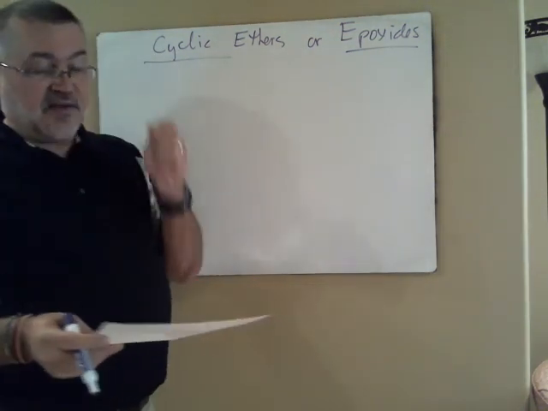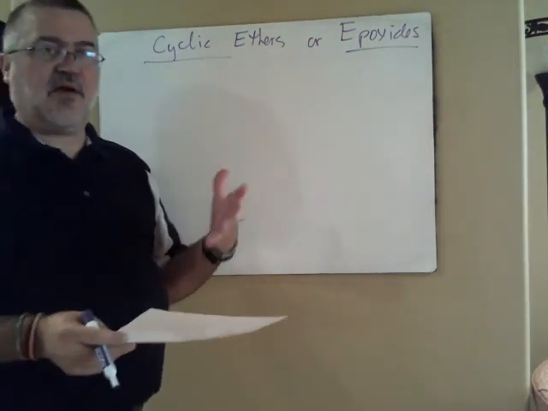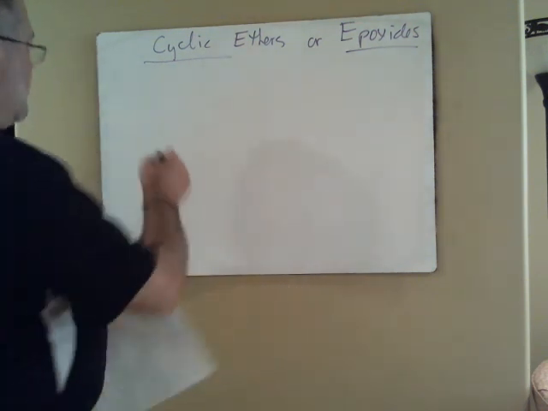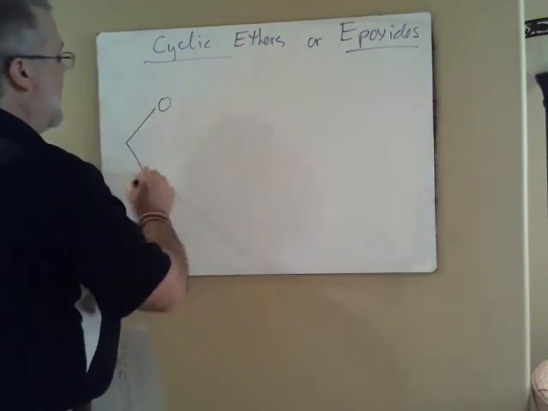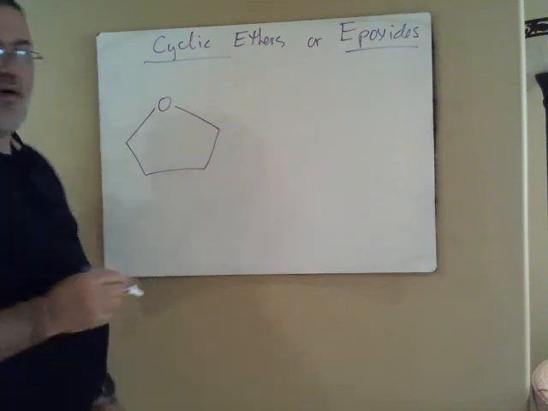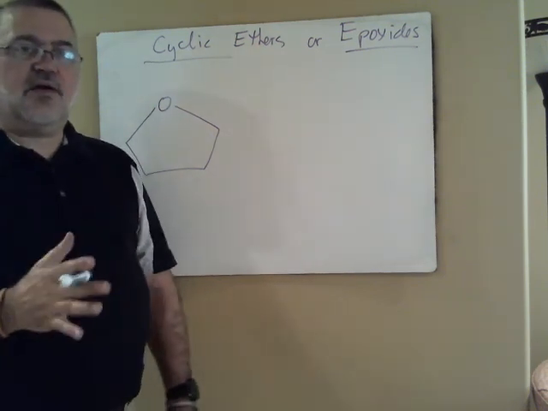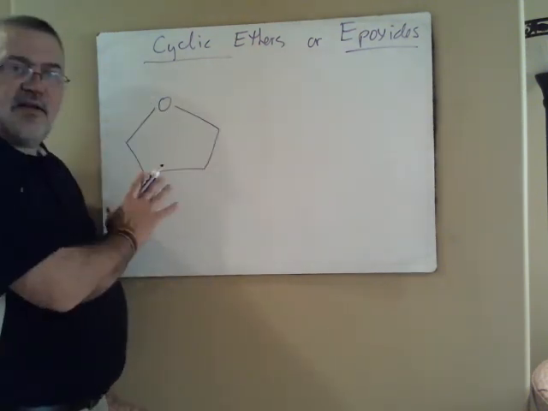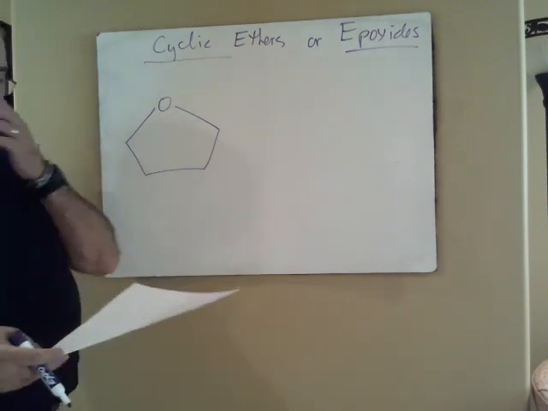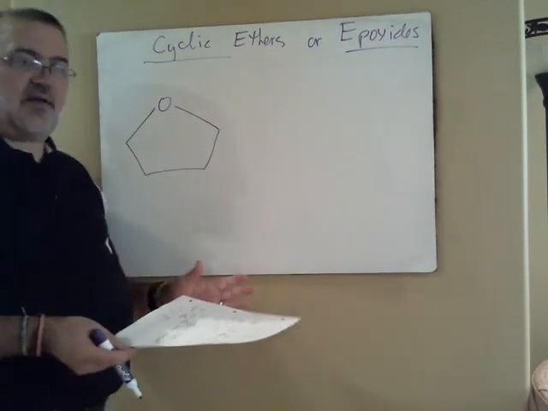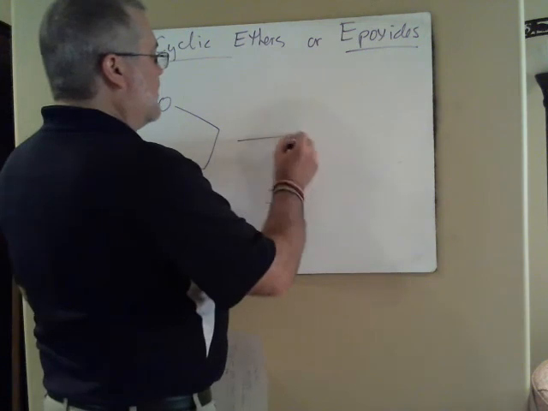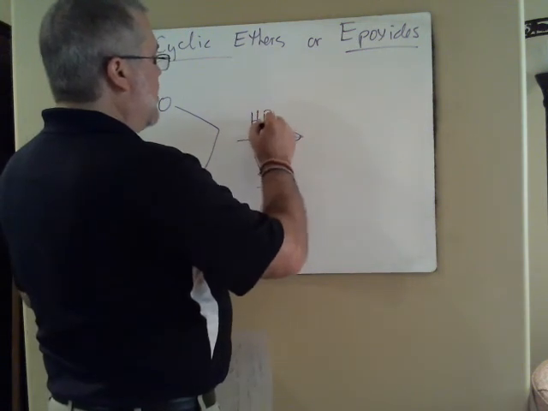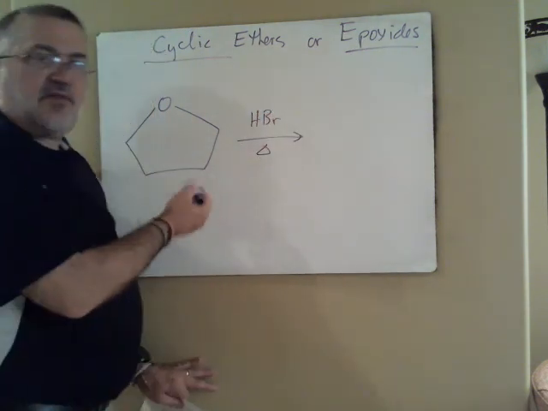So let's first deal with just plain old cyclic ethers. So for example, if I have this ether, the good news is if you just have a normal cyclic ether, it's going to react exactly like an acyclic ether. No difference. So for example, if I treat this with HBr and heat, it's going to do a cleavage.